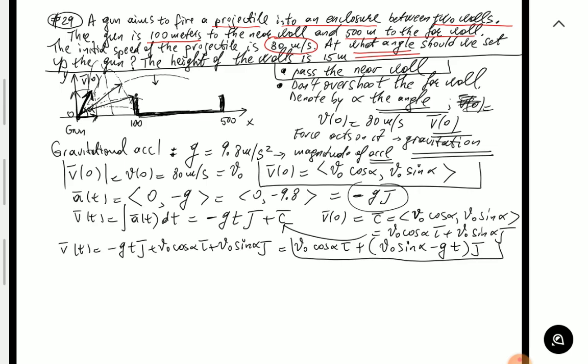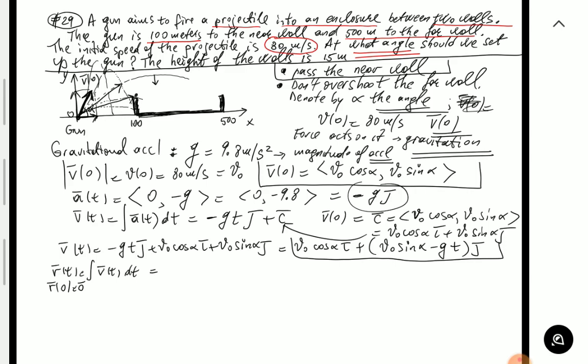Finally, the position vector, another integral. So r of t is going to be the integral of the velocity. And because it starts from the origin, notice that r of 0 is the 0 vector, so that integration constant is going to be 0.